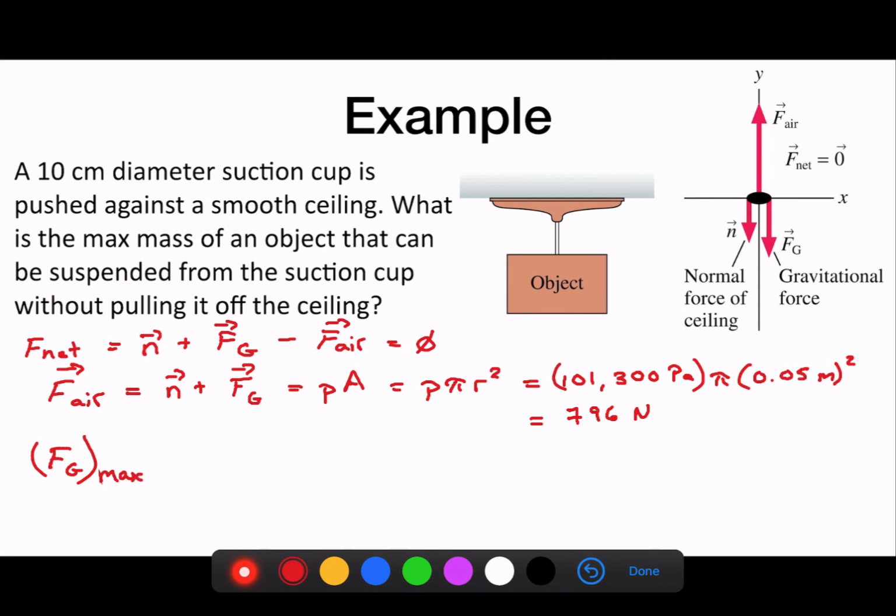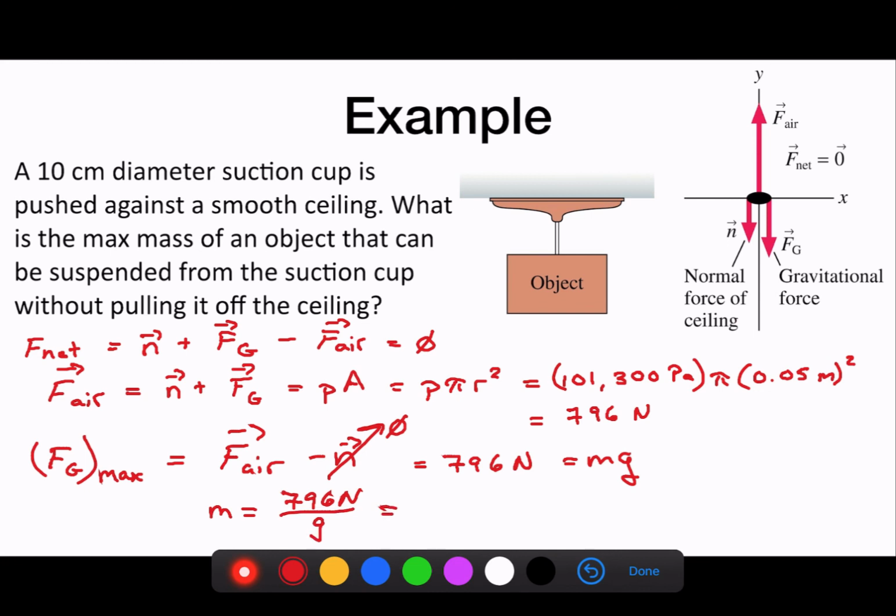We can figure out this maximum gravitational force by assuming the normal force goes to 0. Anything larger than that, your gravitational force is going to be larger than the force due to the air. So the largest the gravitational force can possibly be is the same as the force due to the air, the 796 newtons. That's equal to mg. If we solve this for mass, we find that the largest the mass can be is 81 kilograms.